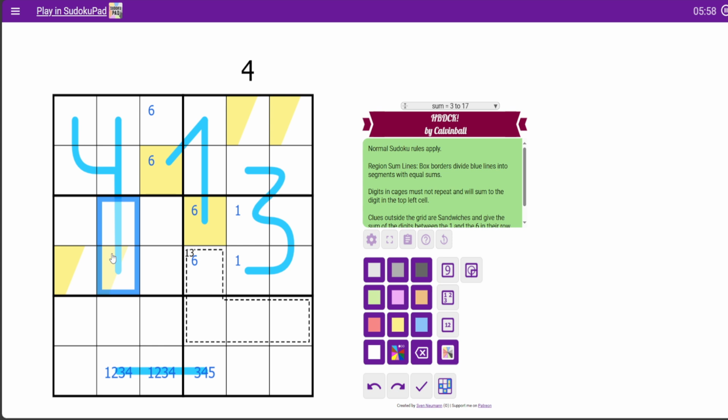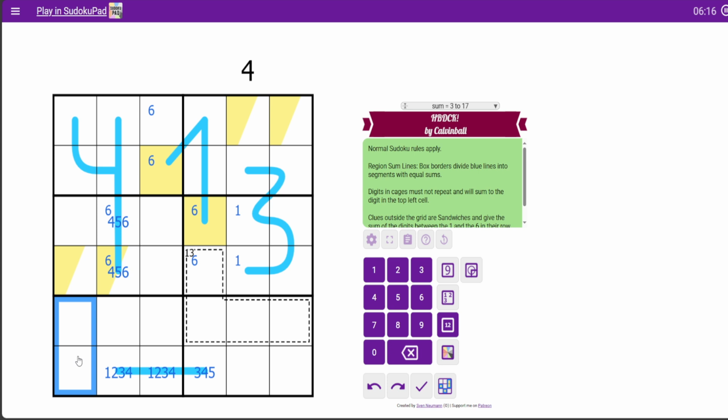And the only way we could get there is 6 plus 4, and then 6 plus 5 would be 11. So this is going to be 4, 5, 6, and then we definitely have a 6 there, which means that we are definitely going to have a 6 here.